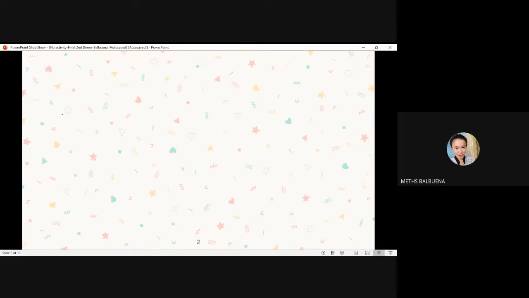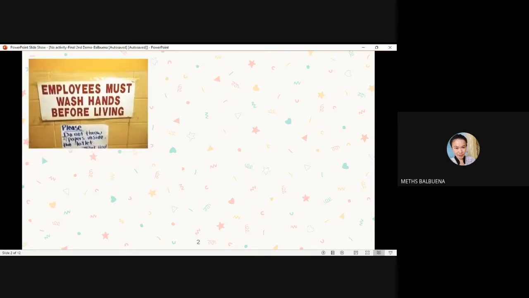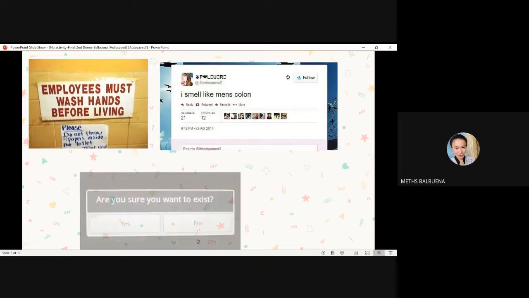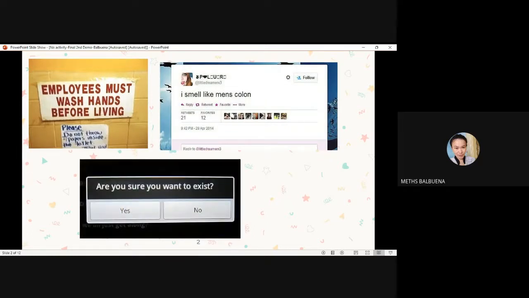Now, try to look at the pictures that I will present on the screen. What can you observe about it? Here's picture number 1, the second, and the third. What can you say about the pictures? Yes, of course.